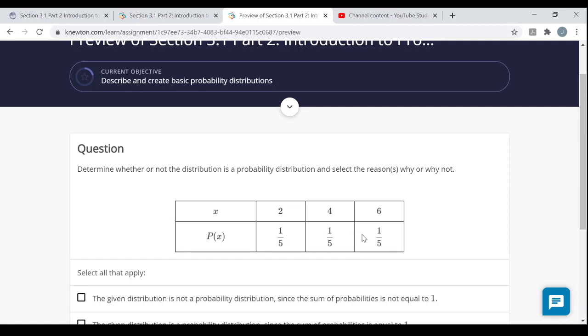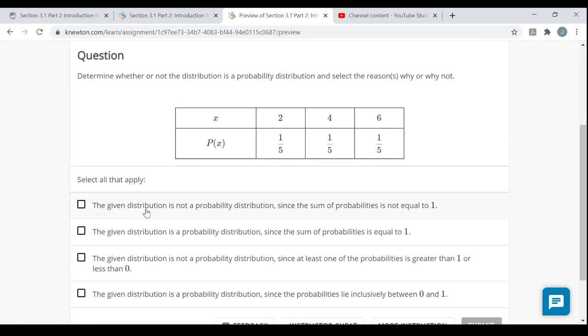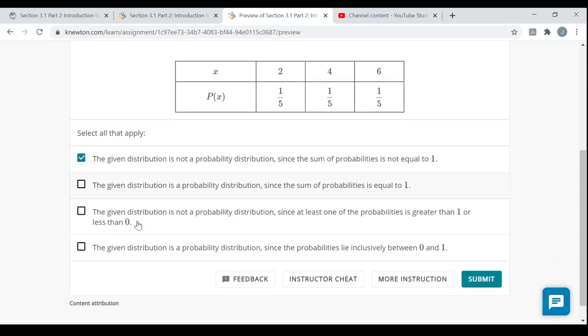Meaning that this table doesn't take into account every possibility. In order to be a proper probability distribution, it must take into account every possible outcome. All the probabilities need to add up to 100%. So the given distribution is not a probability distribution since the sum of the probabilities is not equal to 1. And it says select all that apply, so let's see if these other ones also make sense as to why this is not a probability distribution.